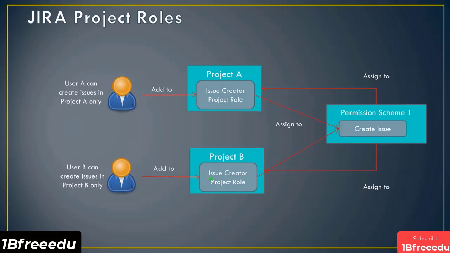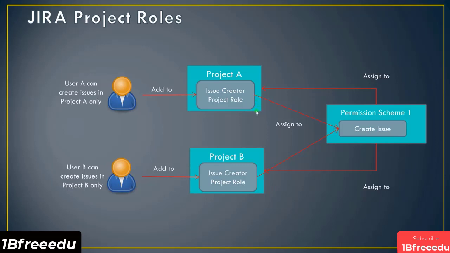The moment you create that project role in Jira, both project A and project B will now have that project role. And for the create issue action, we're going to create only one permission scheme. We don't need two. And for the create issue action, we're going to assign the issue creator project role to that action. And then obviously we'll assign that same permission scheme back to both projects.